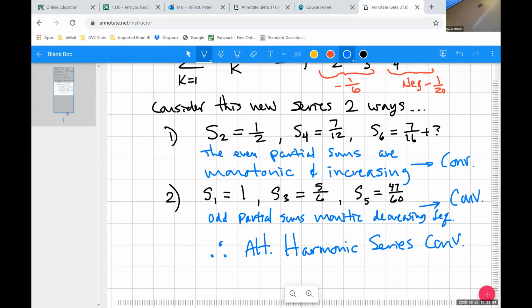They start with a 1/2 and they're getting bigger and bigger, but they're bounded above by a 1, because the grand total of the partial sums can also be seen as starting at a 1 and getting smaller and smaller. Okay, thank you.